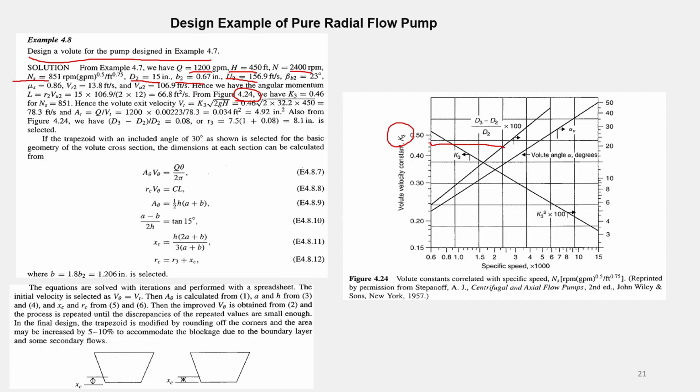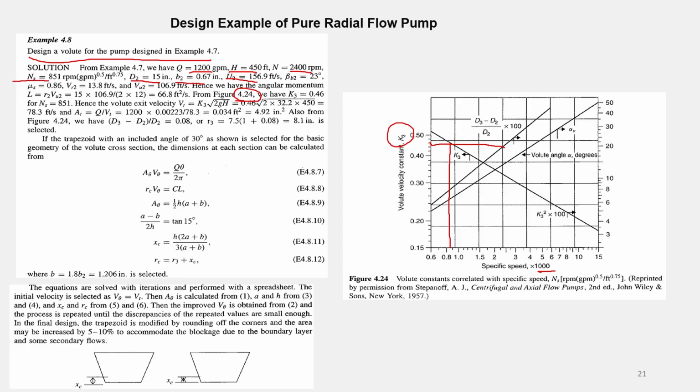At 0.85 at this point, you go straight all the way to this point. And remember, this number should be multiplied by 1000 to get the actual value, because the scale here is divided by 1000. So you need to multiply the values of the x-axis by 1000 to get the actual value.